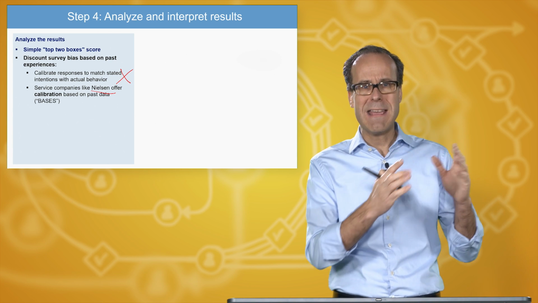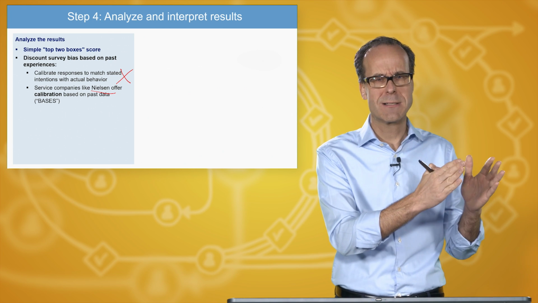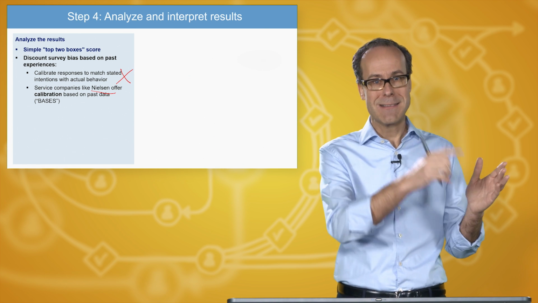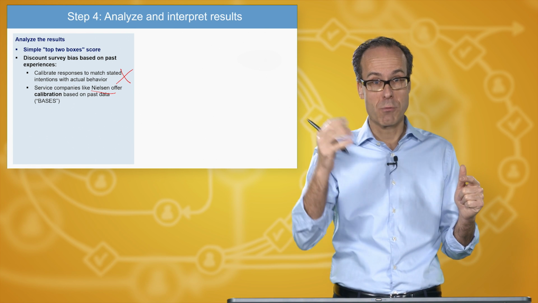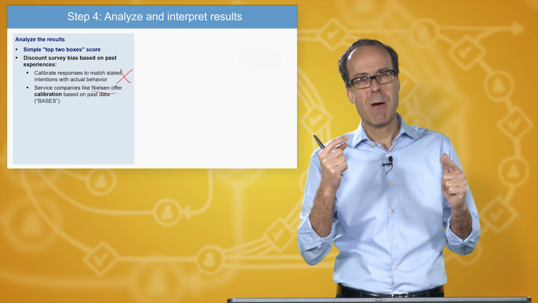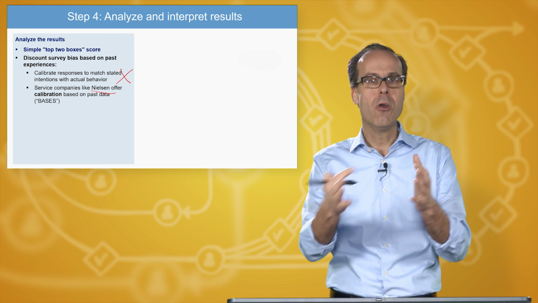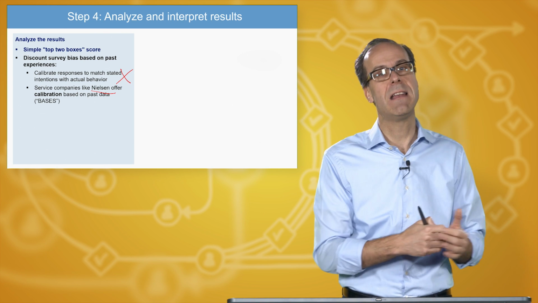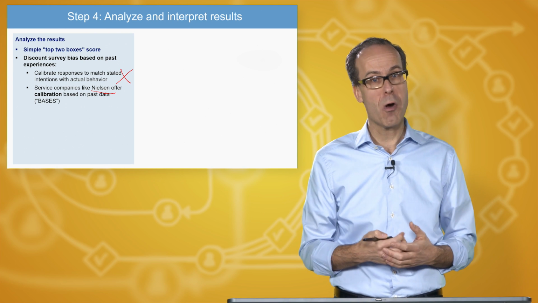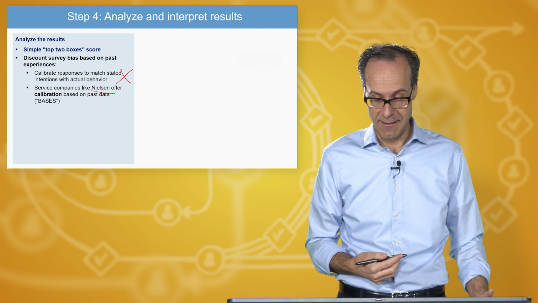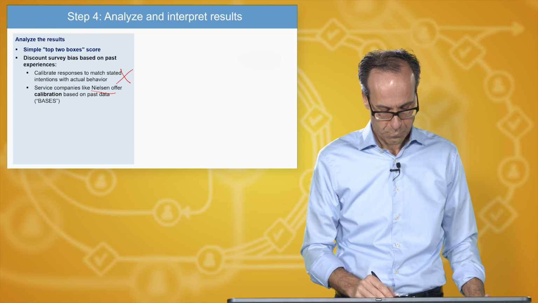So there you could say, if in the market research 60% of the people ticked the top two boxes, in reality it would mean that out of these 60% of people, 30% will really buy it. So your overall market is smaller, and then you have to decide if it's still big enough or not.